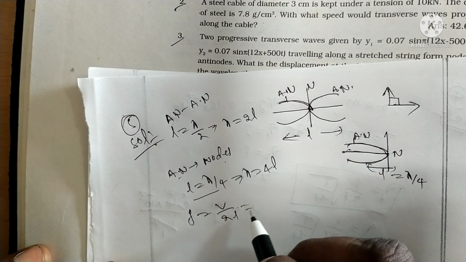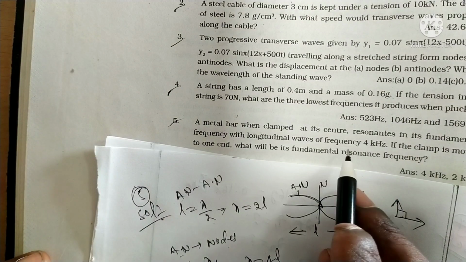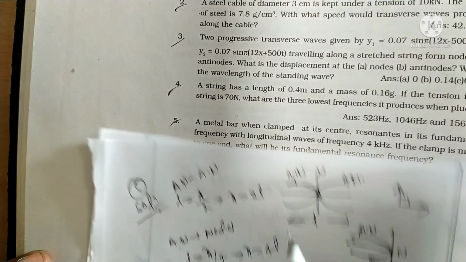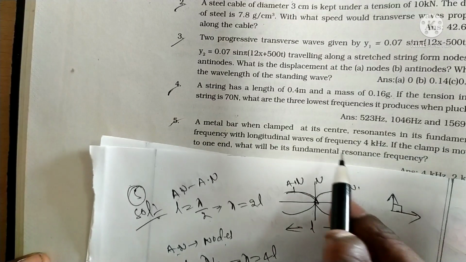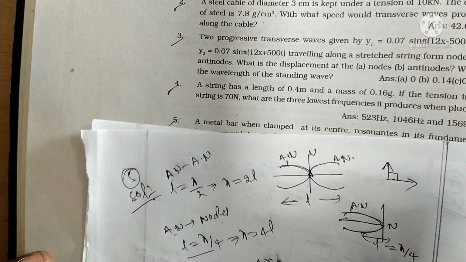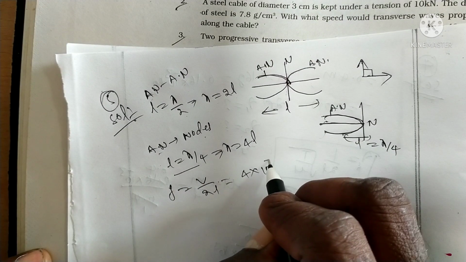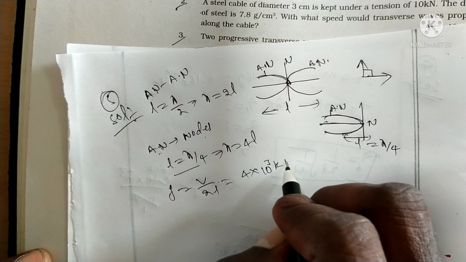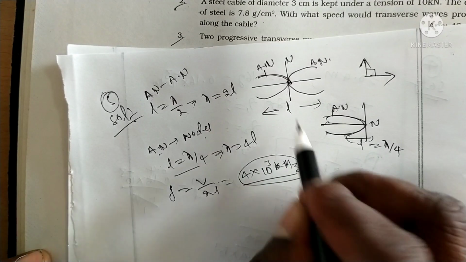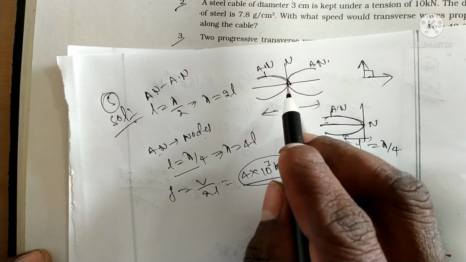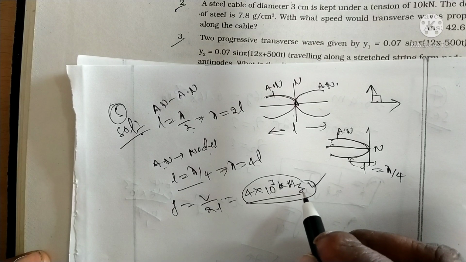What is the frequency given? The frequency of the wave is 4 kilohertz. 4 kilo means 4 into 10 to the power of 3 hertz. That is the fundamental frequency at the center in the longitudinal wave.